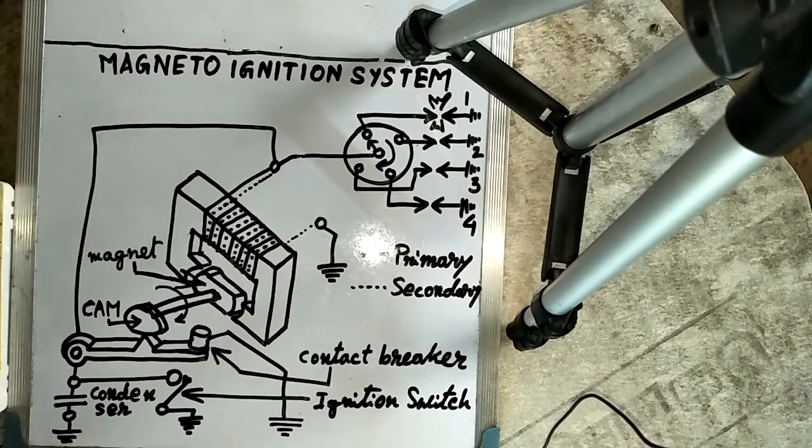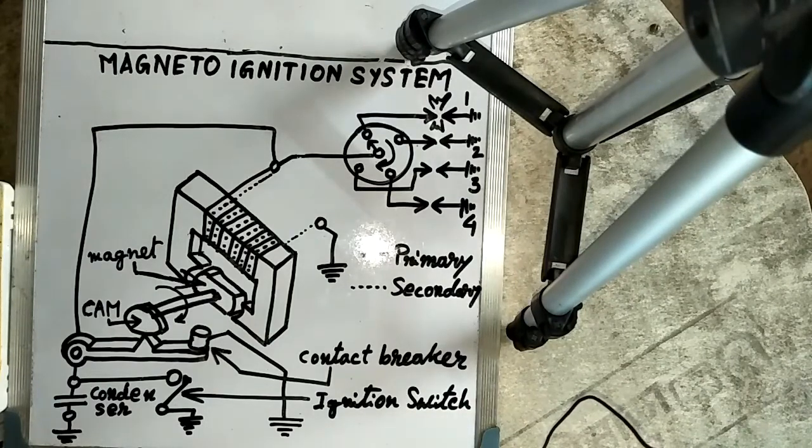In the low tension magneto system, the secondary voltage is limited to a value of 400 volts, and the distributor is replaced by a brush contact.